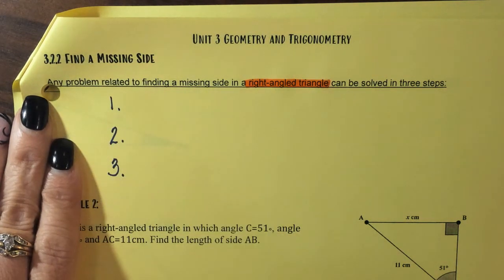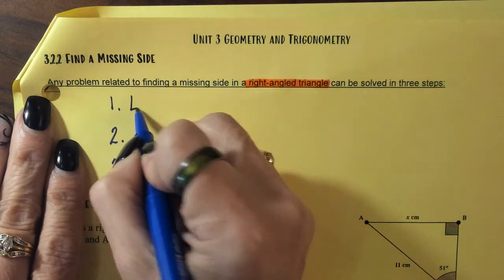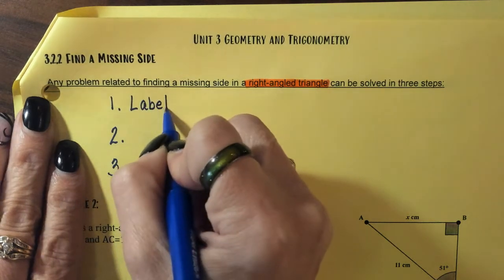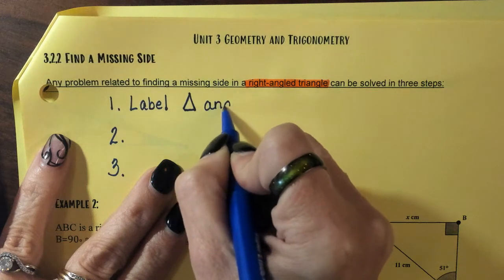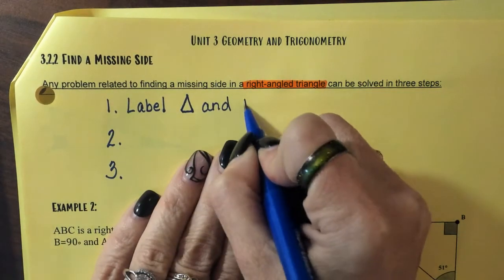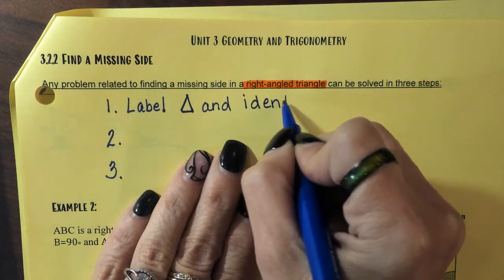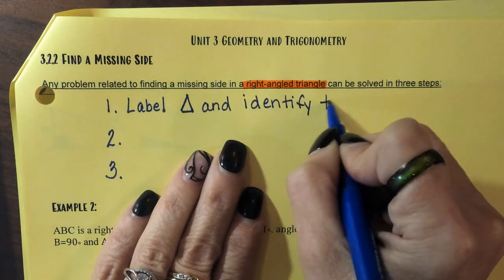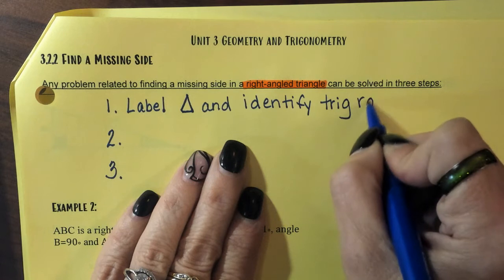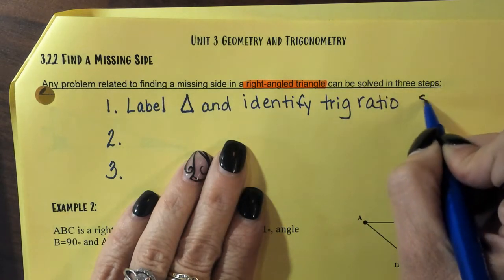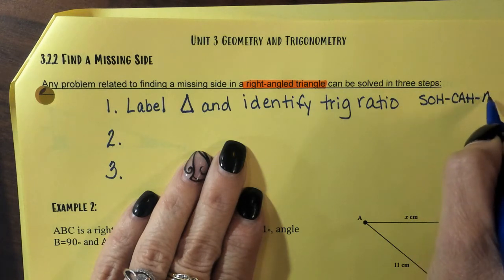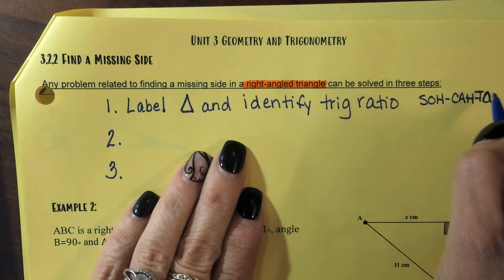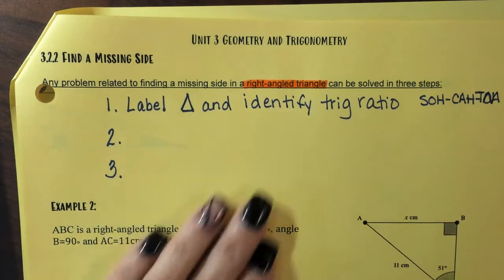The first one, we're going to label the triangle and identify which trig ratio we are using. So let's say label the triangle and identify trig ratios. Identify which trig ratio you're going to use. And you might put SOH, CAH, TOA.